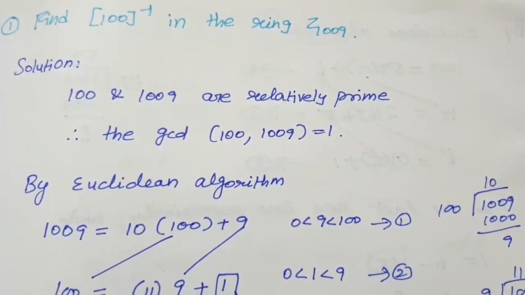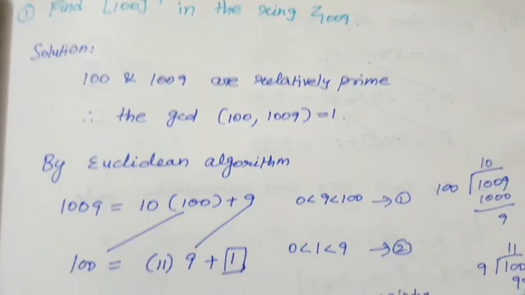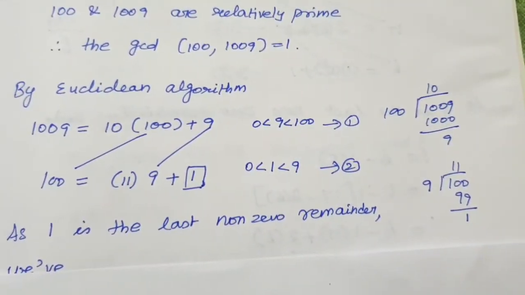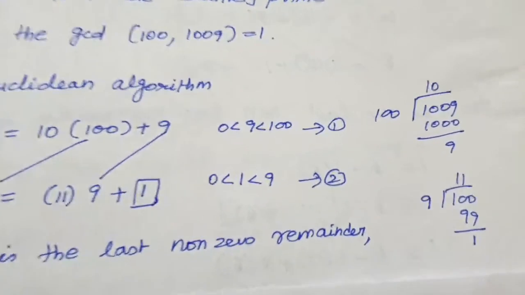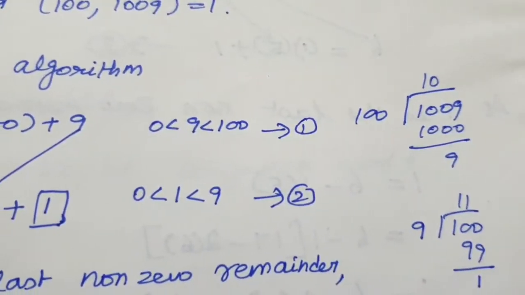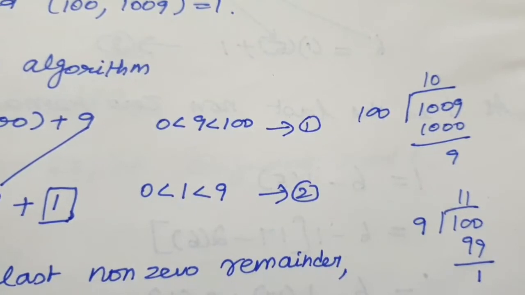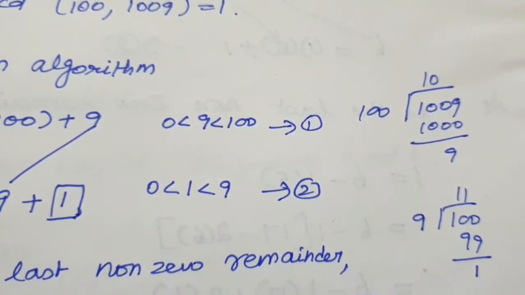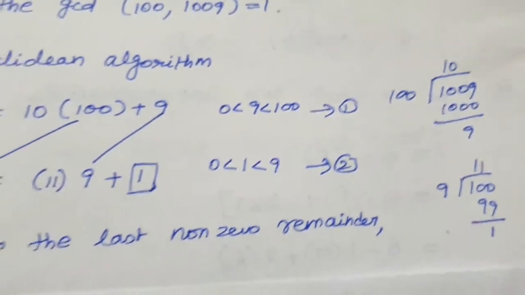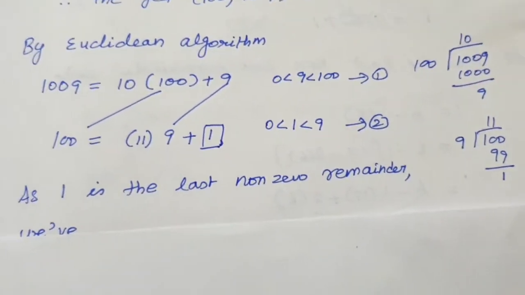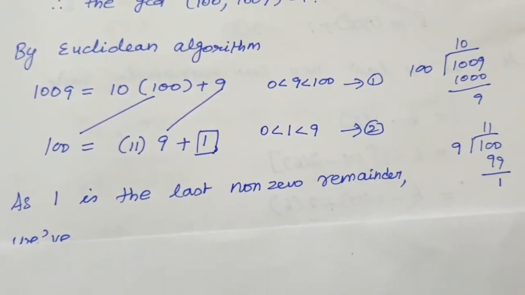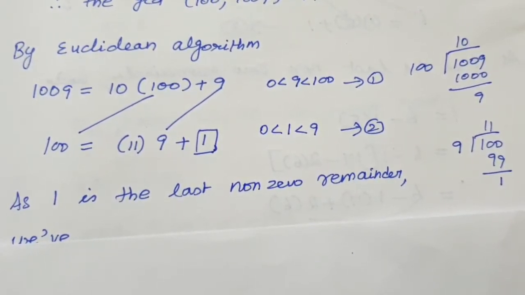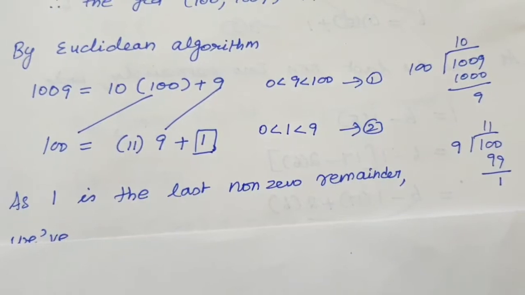By using the Euclidean algorithm, when you divide 1009 by 100, you get the quotient 10 and remainder 9. Therefore 1009 can be written as 10 times 100 plus 9.